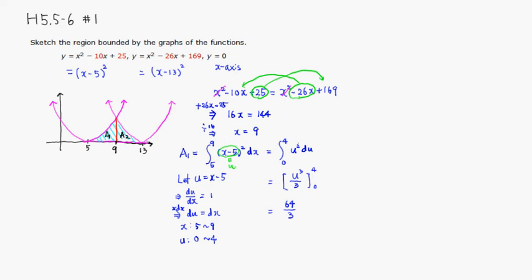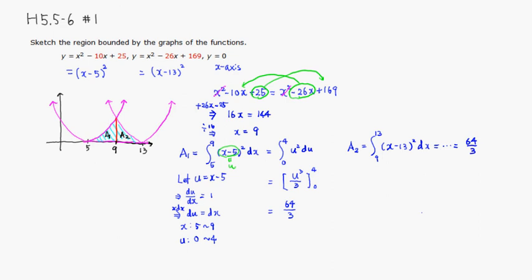So A1 is 64 over 3. You can find A2 by the integral from 9 to 13, where the top curve is the second parabola, x minus 13 squared dx. But I'm going to cheat a little bit, since I know this gives the same area as before.